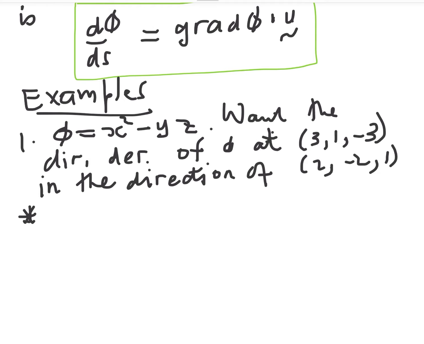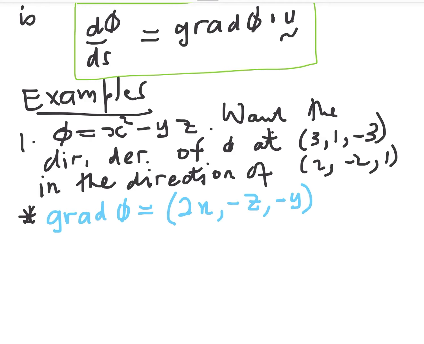Okay then, for the directional derivative, d phi ds, that is what we really want. We need the grad of phi. So for this function phi, the grad of phi is the vector given by the differentiation. The partial derivative of phi with respect to x is 2x, with respect to y is minus z, and with respect to z is minus y.